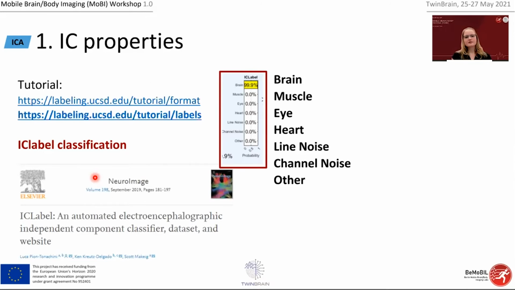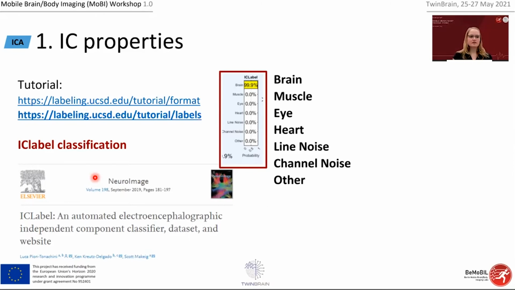Something I also really like to point out is they do have a tutorial on how to understand independent components that goes beyond what I'm going to share today. So if you're interested in learning, for example, about heart or other channel noise or further detail, they do have this tutorial and I can recommend it. They explain things in further detail.